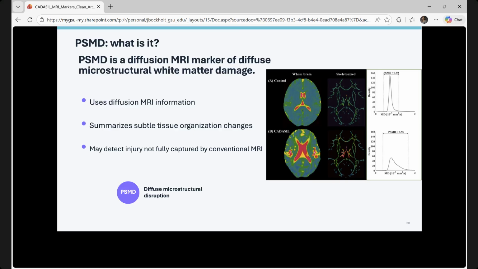And you can see that the PSMD itself is the value that we get, this peak skeletonized mean diffusivity, is reduced in the CADASIL in comparison to the control. So we are seeing that same pattern in the data that we've collected so far, and we'll be reporting that hopefully later this year.